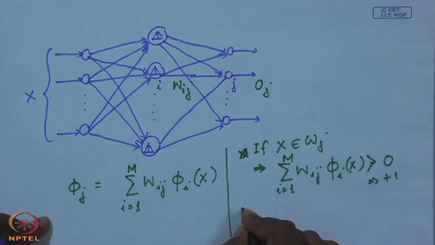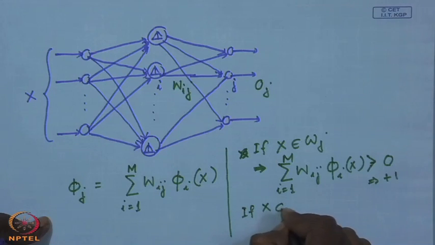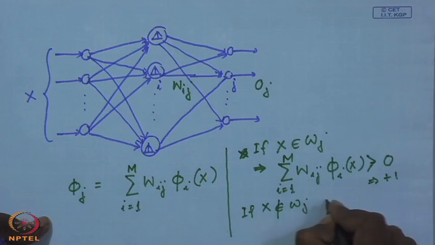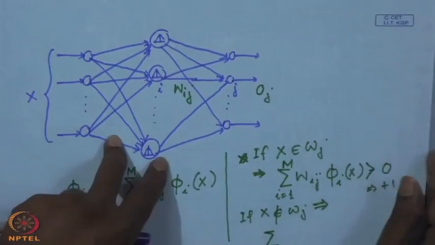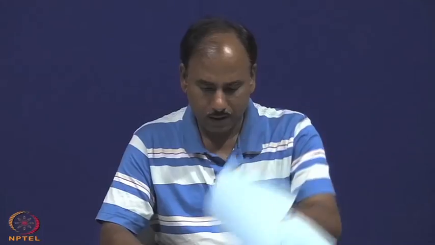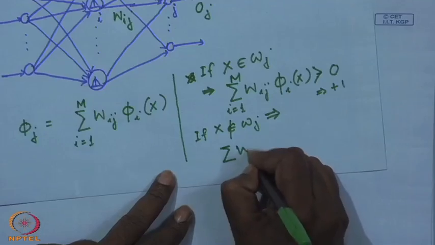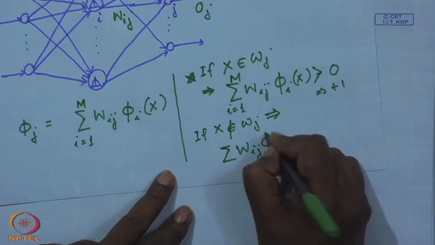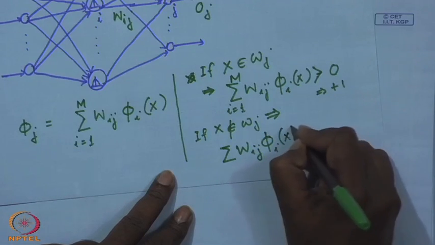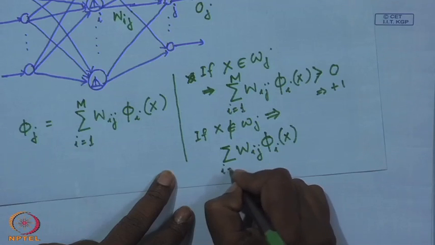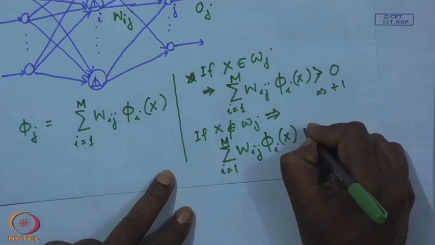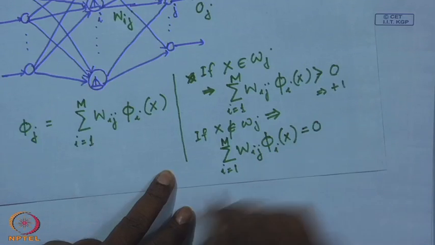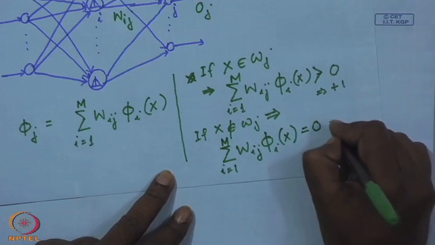And if x does not belong to omega j, that indicates that the sum of W i j into phi i of x, i varying from 1 to m, must be equal to 0, or I can also put it as minus 1.